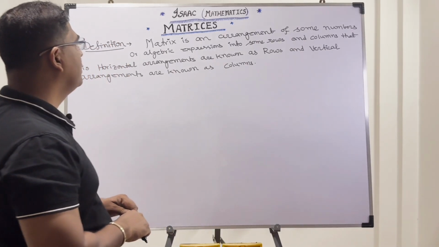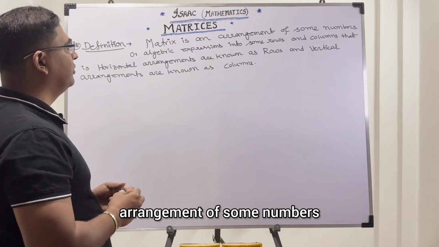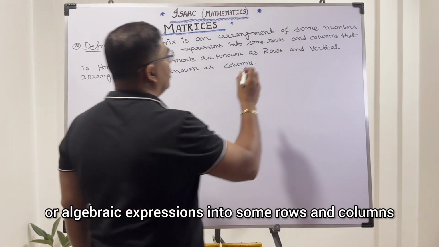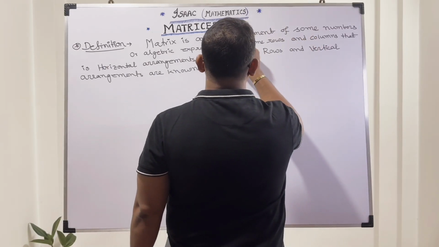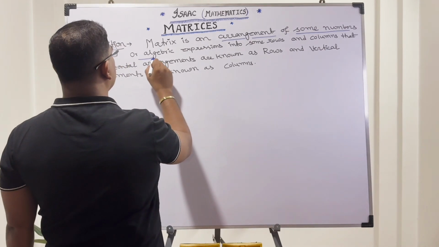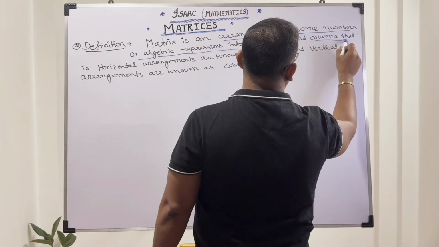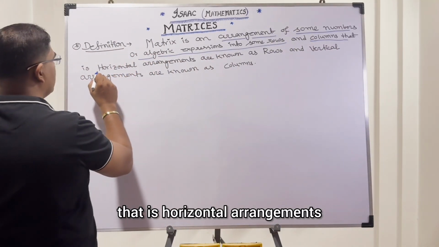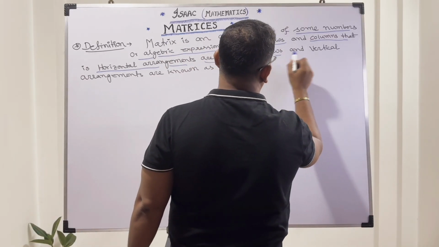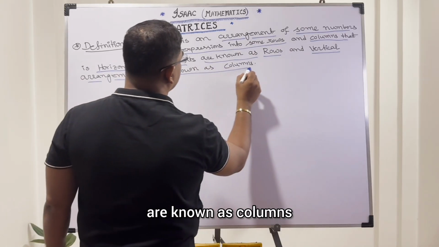Okay. So the definition of matrix is an arrangement of some numbers or algebraic expressions into some rows and columns. That is, horizontal arrangements are known as rows and vertical arrangements are known as columns.